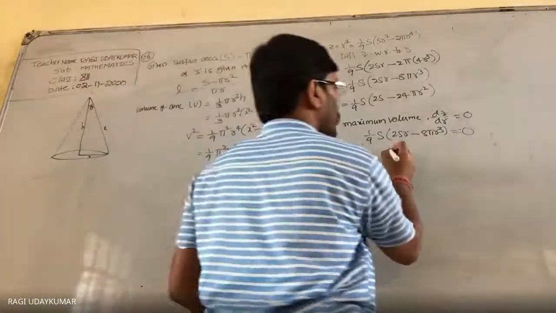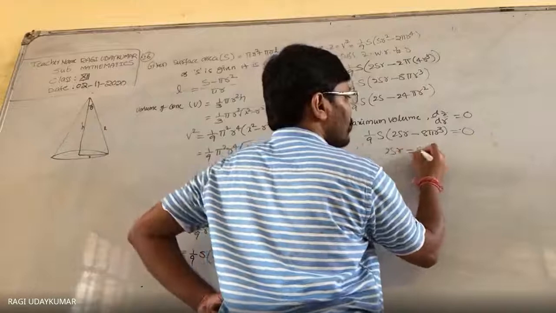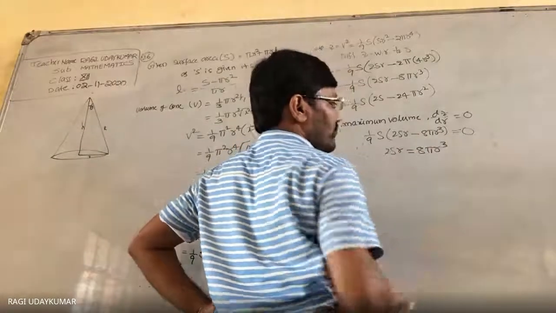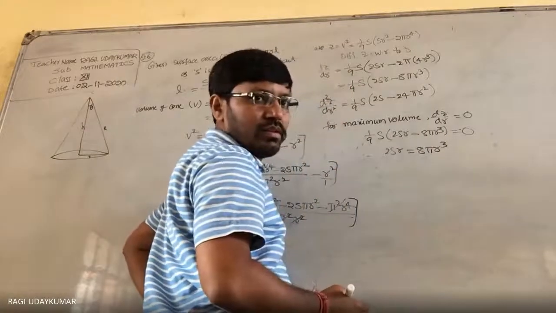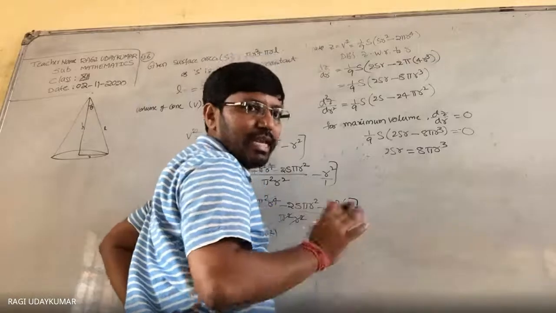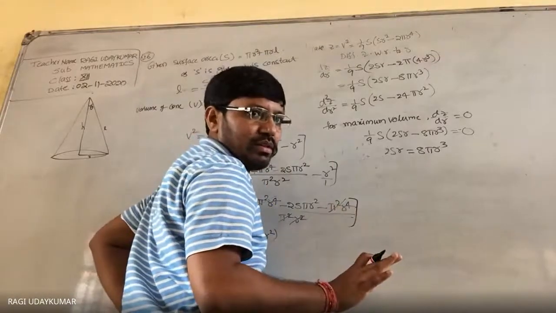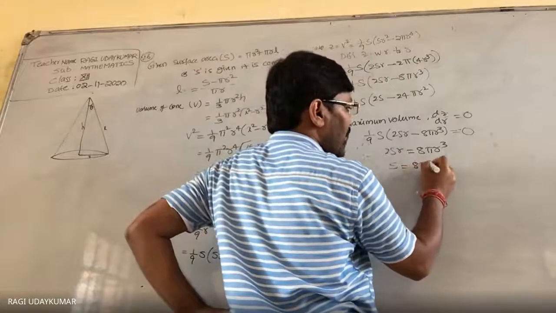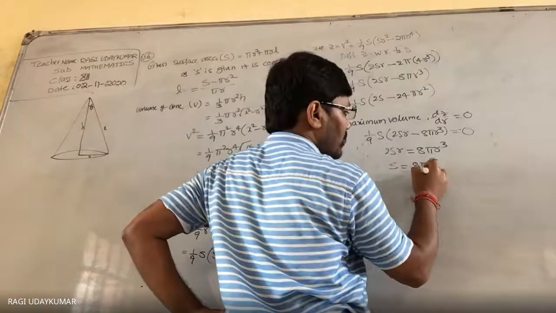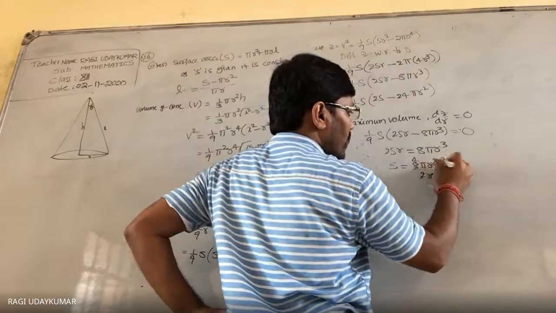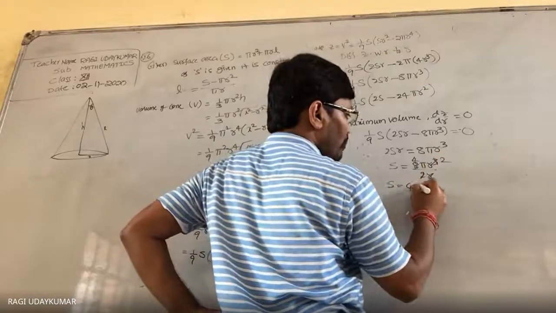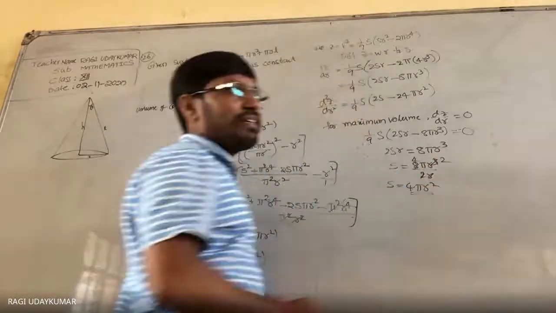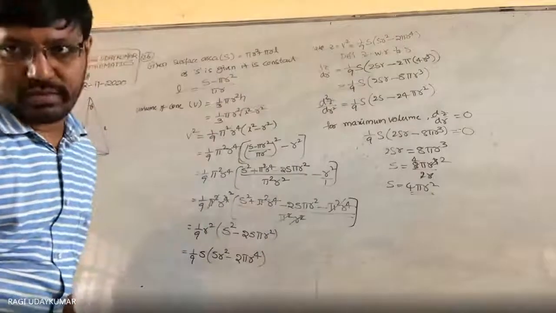So what do you get here? 2sr is equal to 8 pi r cube. Isn't it? So S is equal to 8 pi r cube by 2r, r square आ जाएगा. S is equal to 4 pi r square. Surface area we got 4 pi r square.